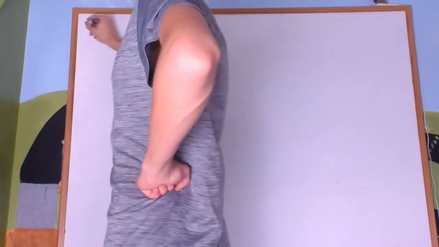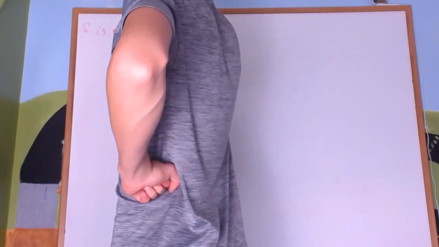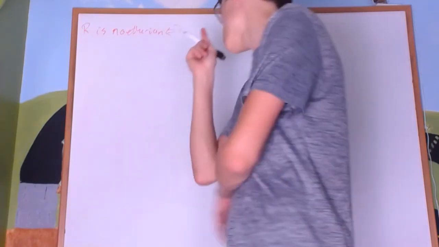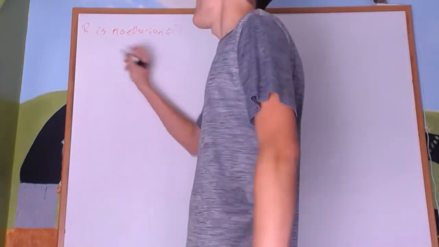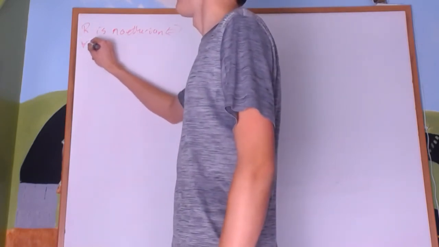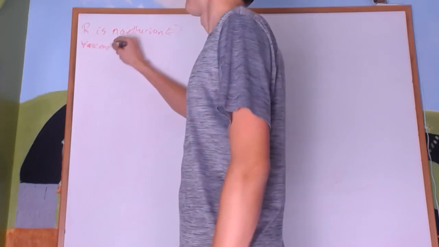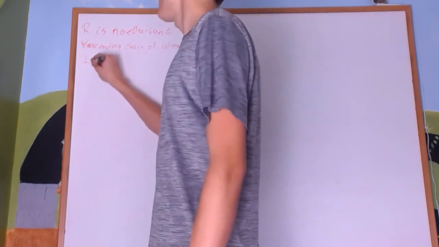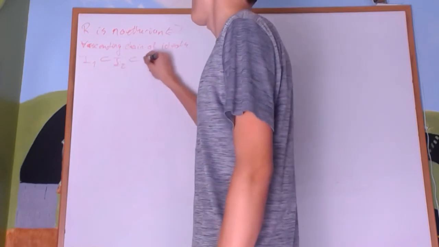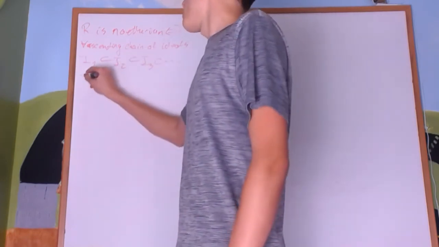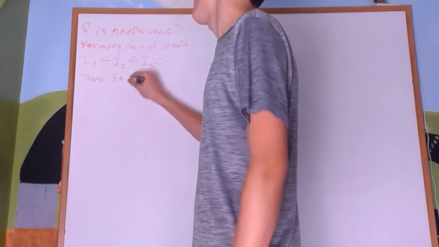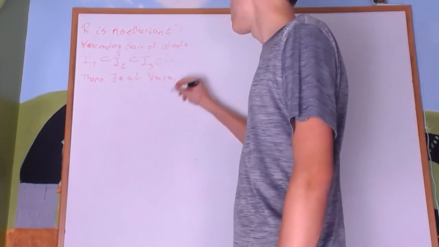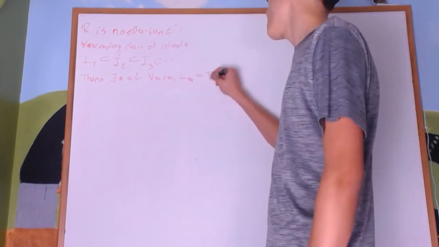Alright, so if R is Noetherian, if I remember the definition correctly, that just means that for every ascending chain of ideals, I1 subset of I2 subset of I3, all the way up, there exists an N such that for all M bigger than N, I_M is equal to I_N.